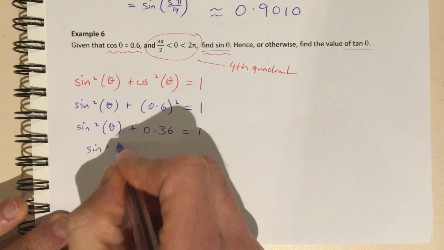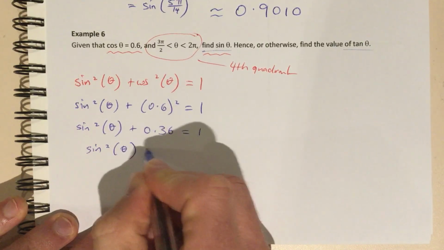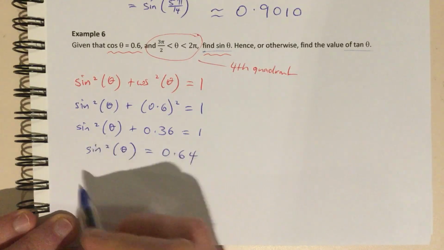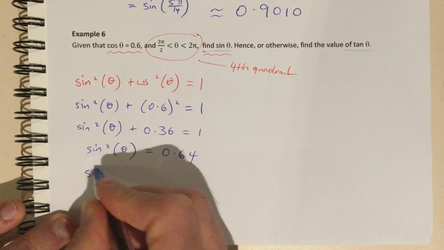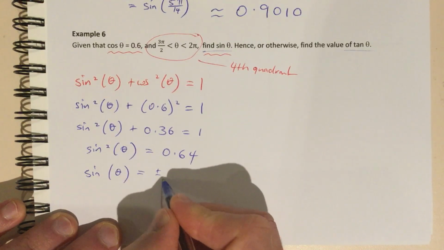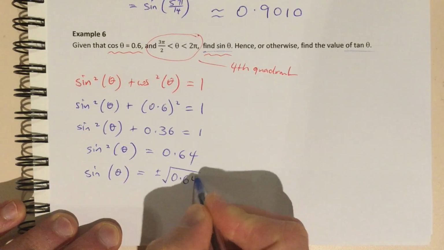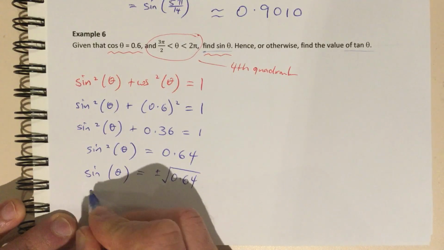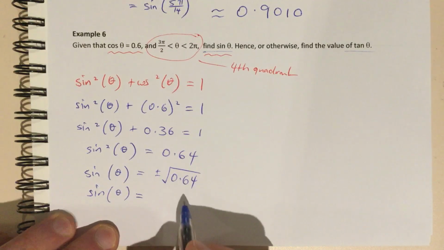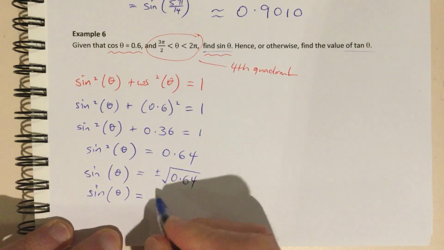If we're trying to work out sine, we're just solving this equation for sine theta. Last step is to take the square root of both sides. We know that normally gives us two answers. So we know the square root of 64 is 8, so the square root of 0.64 is actually 0.8.